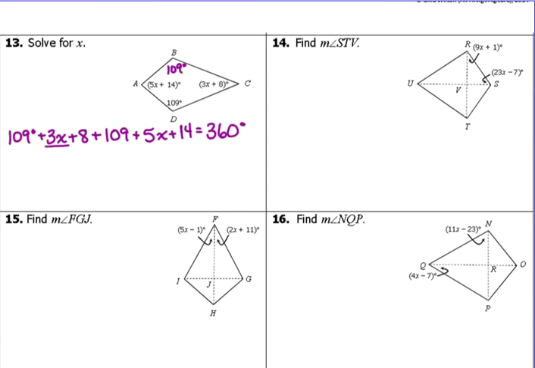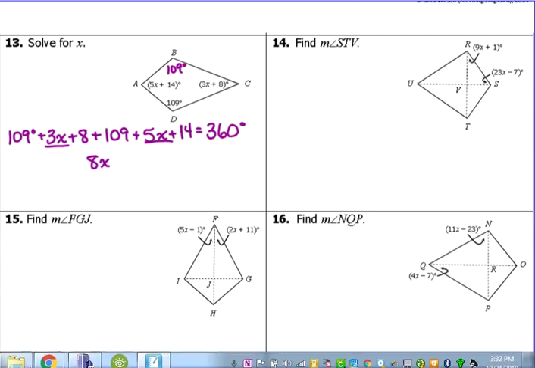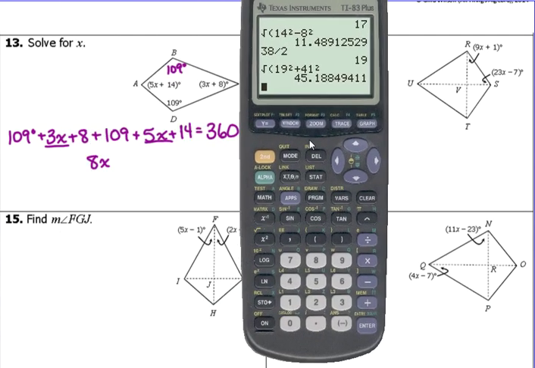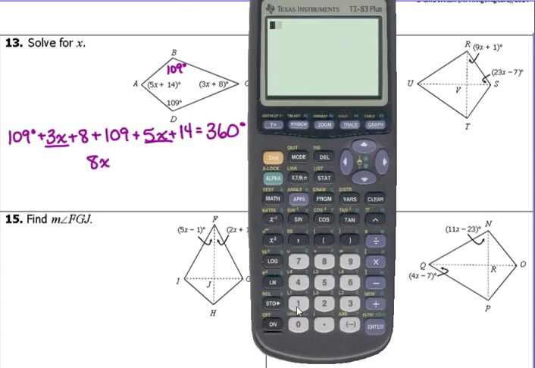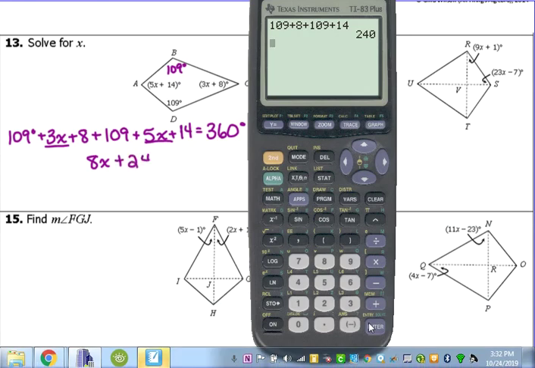So let's look. Like terms, 3x plus 5x is 8x. We need to add all those constants together. So 109 plus the 8 plus 109 plus 14. We've got 240. Then we're solving for x.